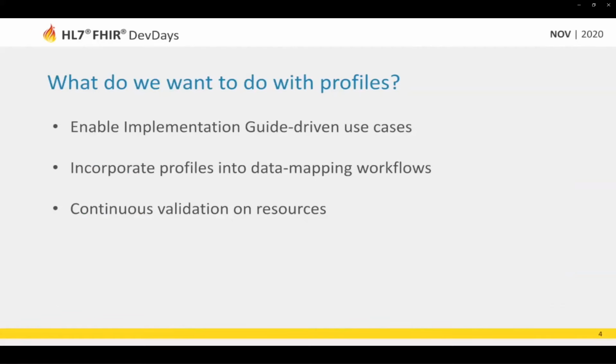So this provides a greater assurance that your workflow is doing what you expect it to do, and that your data is consistent with what you expect. The way that we do this is through continuous validation on resources. So every resource that comes into our FHIR stores is validated and rejected if it doesn't meet the criteria laid out by the profiles.